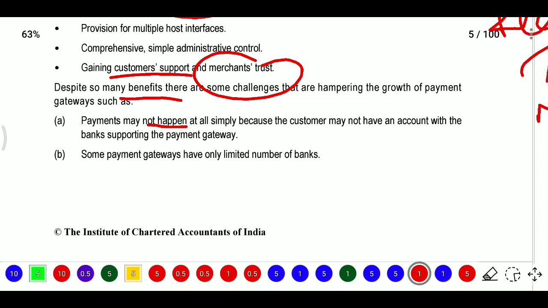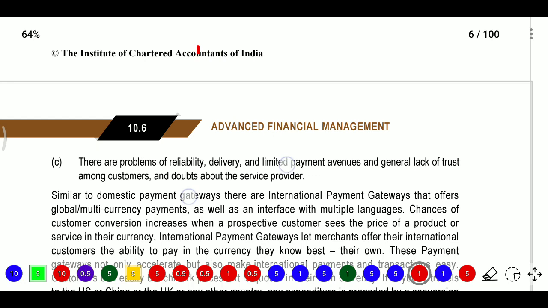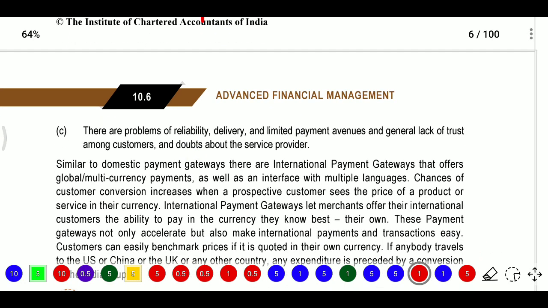Some payment gateways have only a limited number of banks, so they will allow only some banks. There are also problems of reliability, delivery, and limited payment avenues, and a general lack of trust among customers and doubt about the service provider.